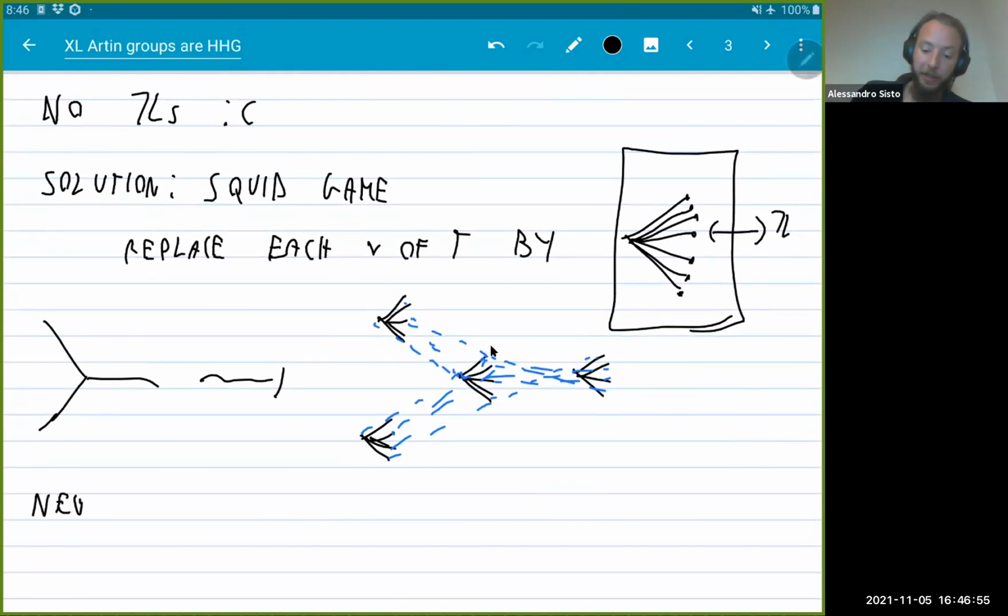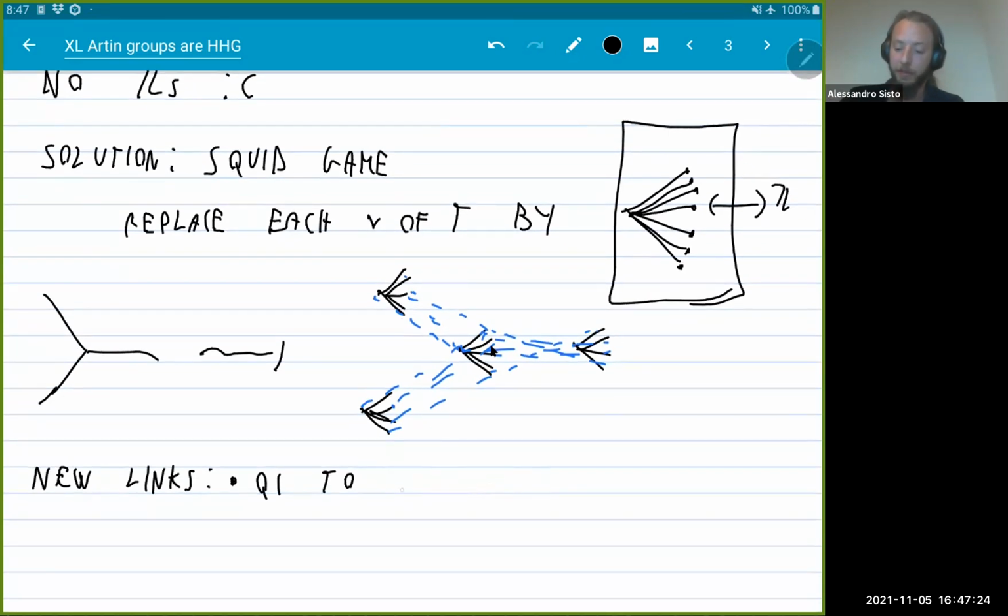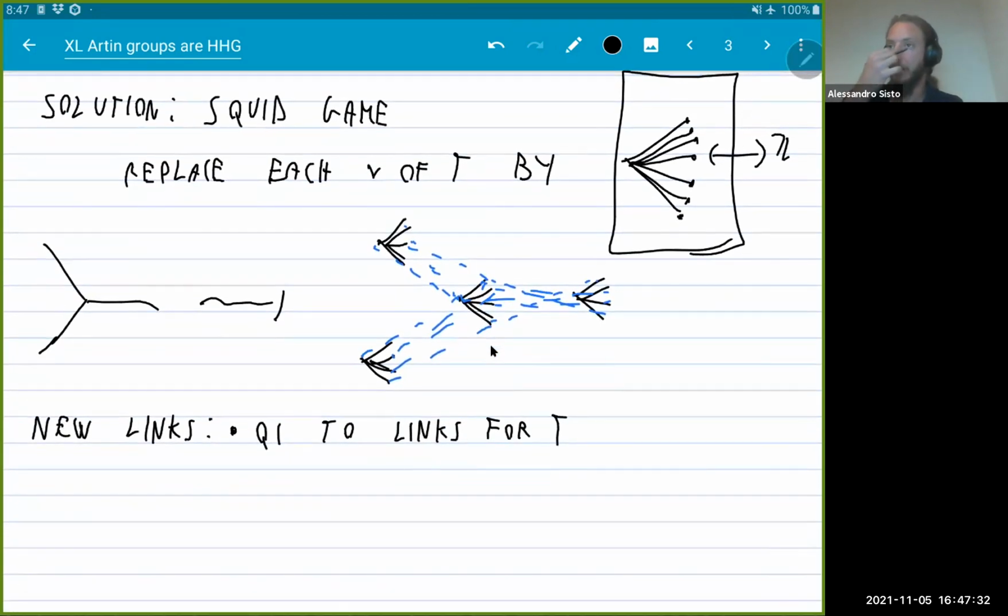So the point is that now, again, what do we want? We want links that are quasi-isometric to the correct types of links. If you think about it a little bit, you will see that in this new simplicial complex you have links that are quasi-isometric to the old links, meaning links for T. So the two types of links that we had above, we also have here up to quasi-isometry.